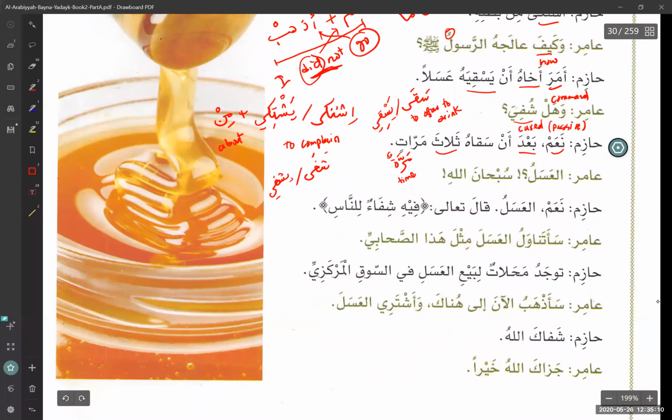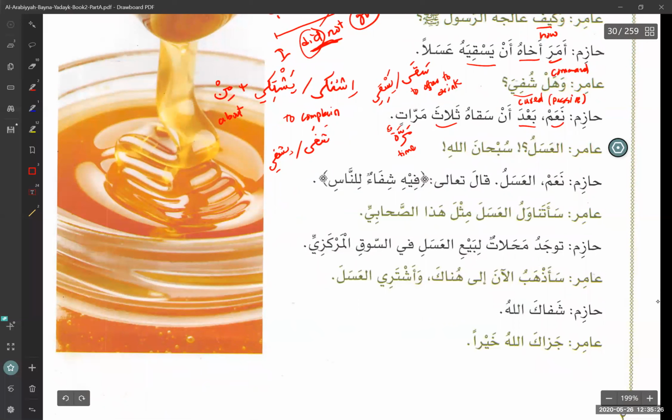Then we have Amir saying al-asal, the honey, so he's surprised. Subhanallah, all the praises to Allah. That's a phrase. It seems like he's very surprised. Then Hazim says Naam al-asal, yes, the honey. قال تعالى. قال is to say, قال يقول.